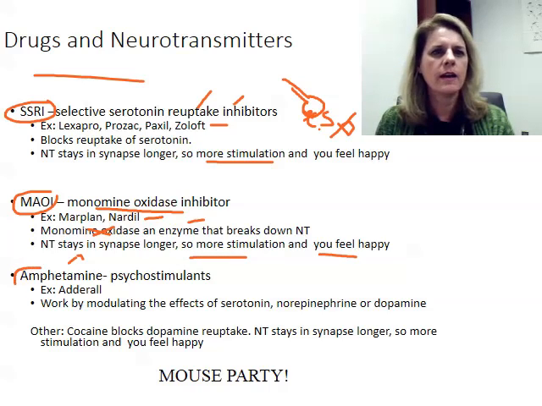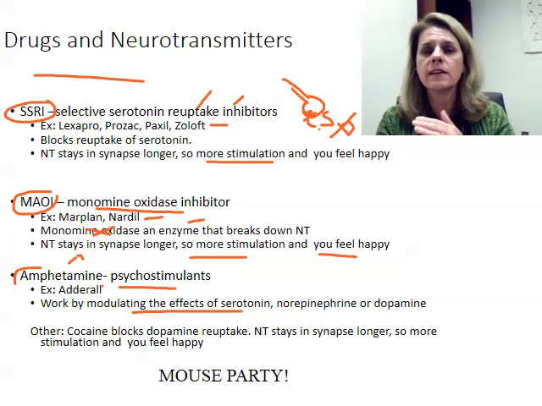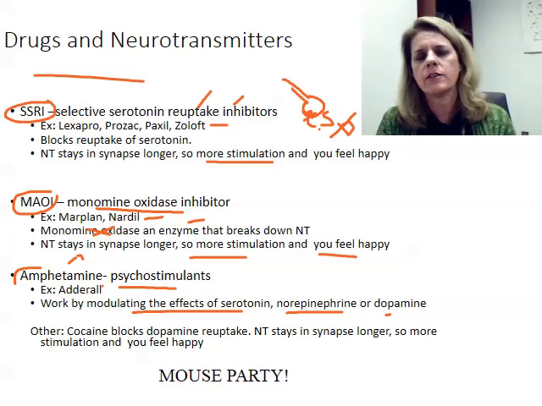Another way, amphetamines, these are some of your psychostimulants like Adderall, and they can modulate the effects, either let the serotonin bind more robustly to the receptor, norepinephrine, dopamine. Basically, it modulates how these neurotransmitters bind to the receptor.